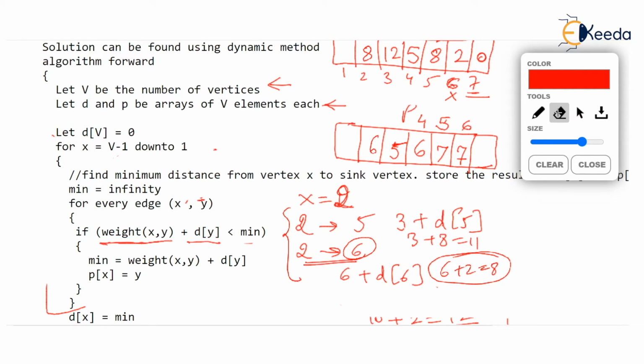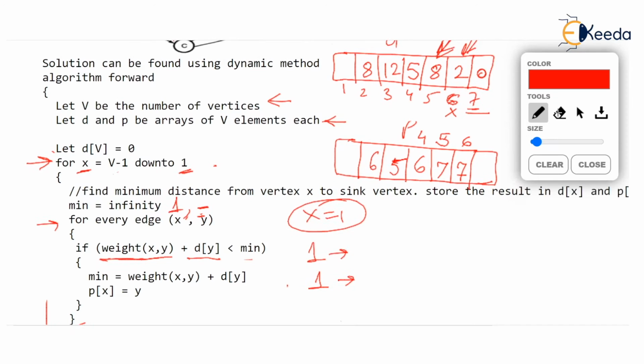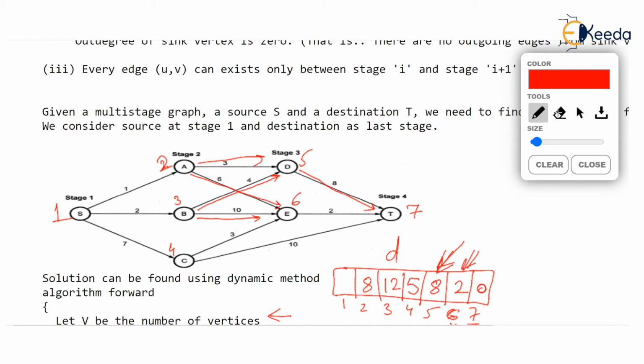Now finally, what is going to happen when x is going to become 1? When x is 1 in this for loop, when x is finally 1, we will see all the edges of the form 1 to some vertex, isn't it? So which are the edges which are of this form 1 to something? You can see we have an edge from 1 to 2, correct? 1 to 2, 1 to 3, and 1 to 4.